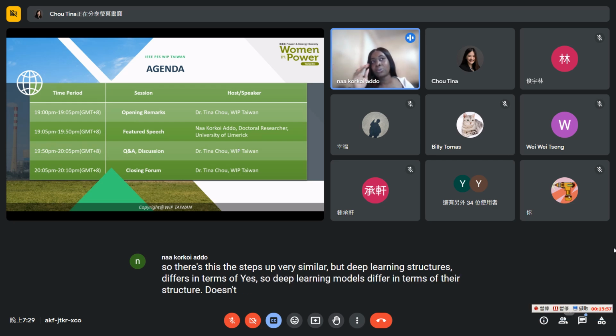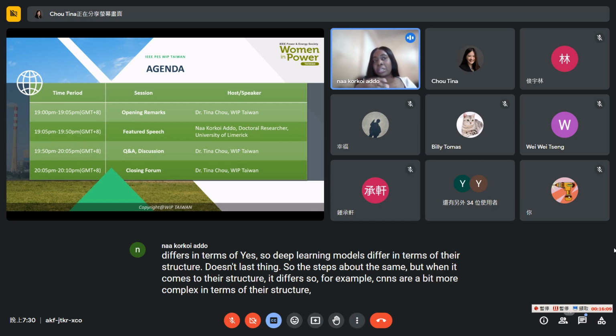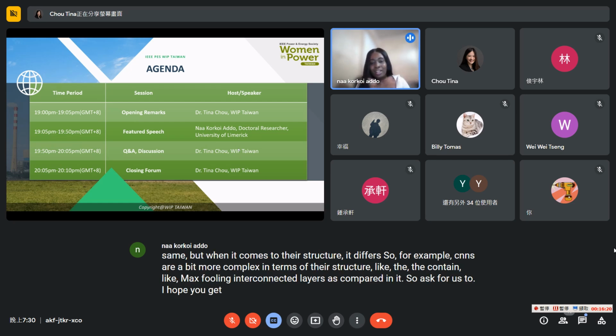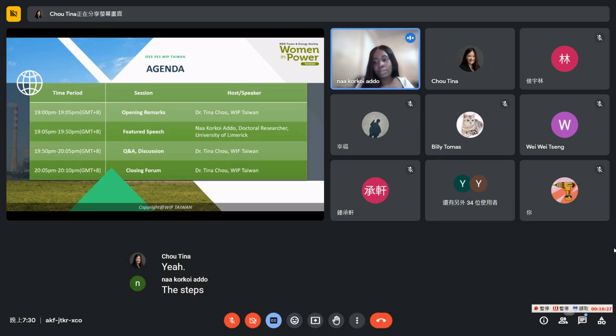For example, CNNs are a bit more complex in terms of their structure, like they contain max pooling and interconnected layers as compared to ANNs. I hope you get what I'm saying. The steps are not too different, but the structures differ.